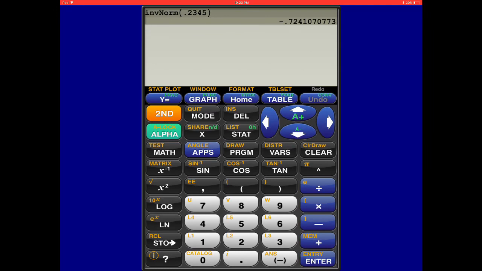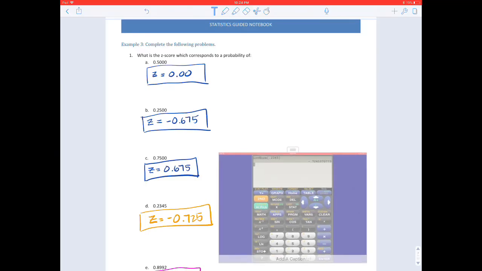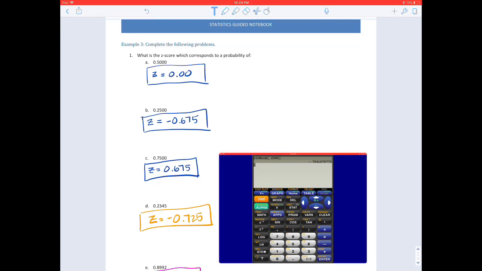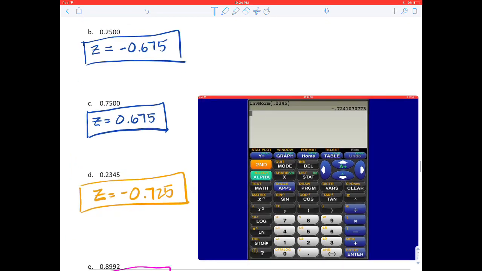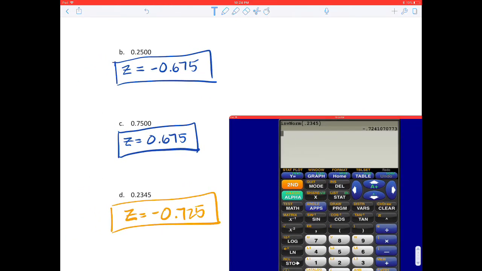Let's see if that's what we got for our z-score. Do we get negative 0.72 for 0.2345? Let's check it out. Yes, we get negative 0.724 on the calculator, negative 0.725 using the table. So that is how you would do it. And again, this is the one that we looked at.